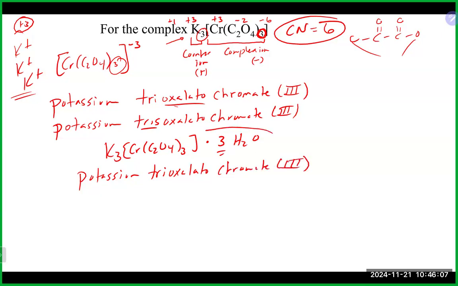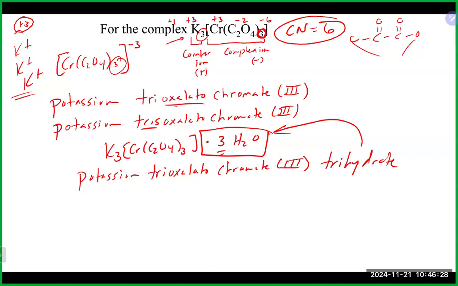And because this is a hydrate, you could go trihydrate. Trihydrate for the 3 waters. All right. That's how you name hydrates, right? Is hydrate for the water and a prefix for how many waters there are in that particular case. Just in case the name wasn't long enough, we could do that if we had a hydrate going on.